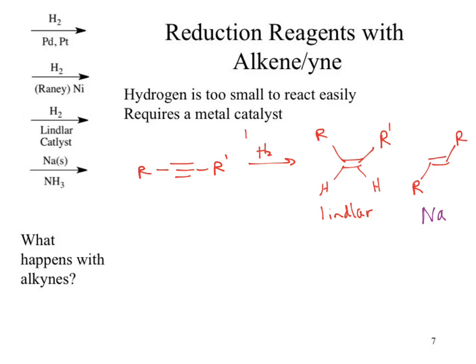The sodium metal in the presence of ammonia. Okay? That just has to do with how it reacts. I'll leave you to take a look at the book to see what's going on with that. You go through a radical mechanism as opposed to a metal-catalyzed or a metal surface reaction, which puts you into the trans conformation as opposed to the cis. Okay?